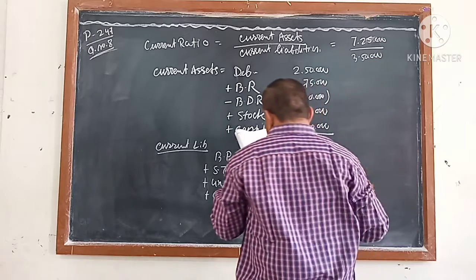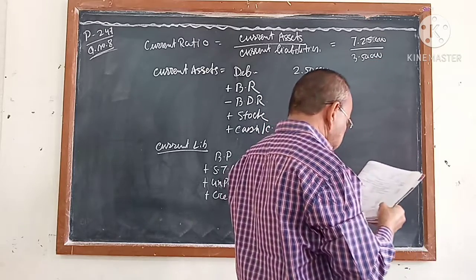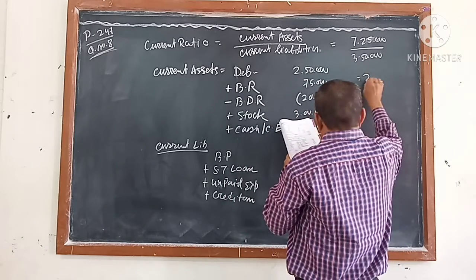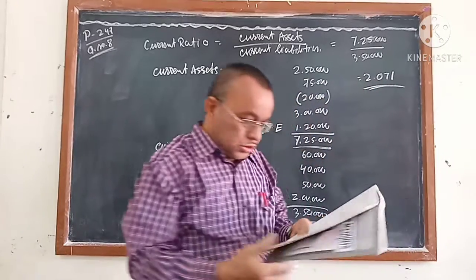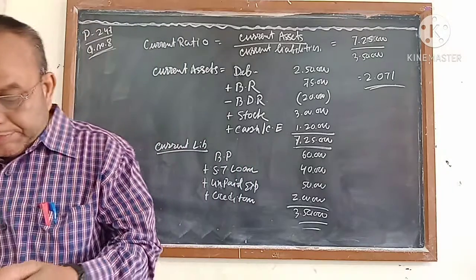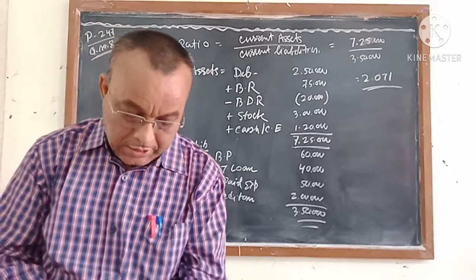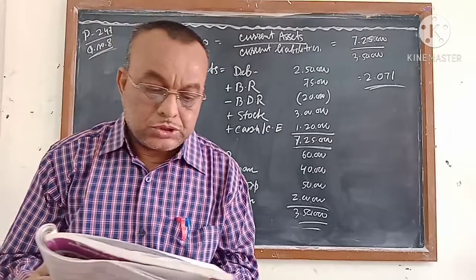This is what we are getting, 2.071. 2.071 is your answer. The main thing you have to understand is that we are going to find out the current assets and current liabilities. That is most important for these questions.